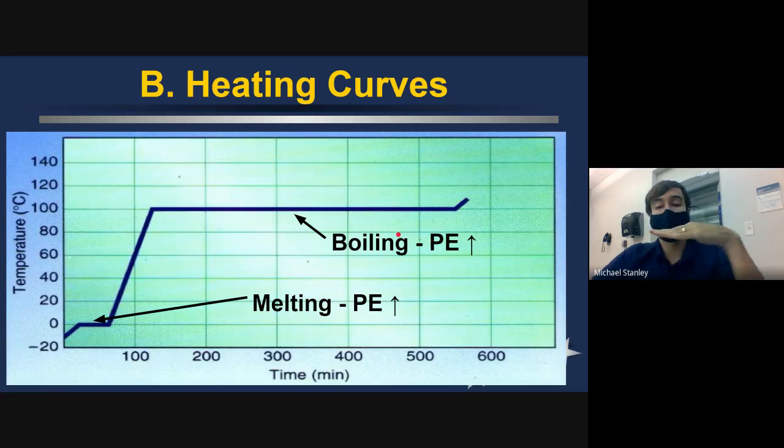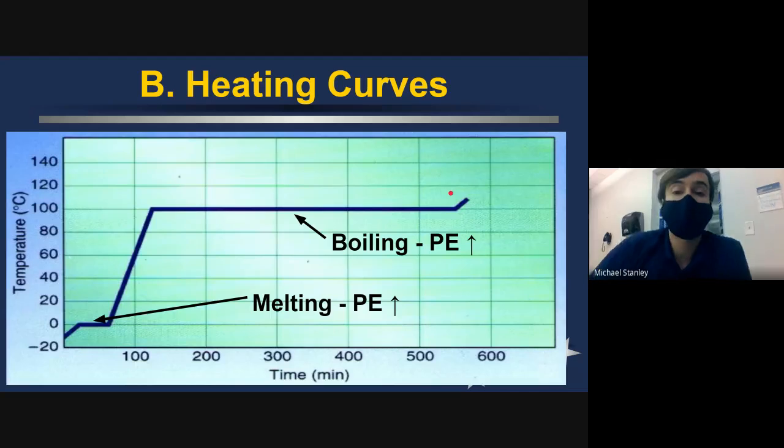So the temperature doesn't go up because we're not making our particles move any faster, but the potential energy is going up because we're spreading apart those particles and turning them into gas. So we're boiling, also known as vaporizing, and we're turning our liquid water into gas, water vapor.